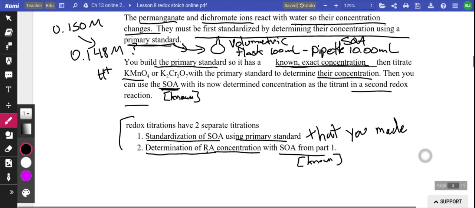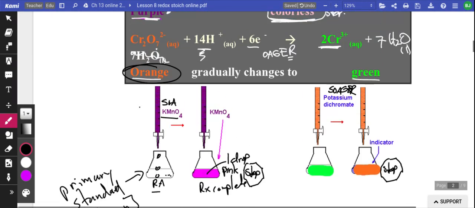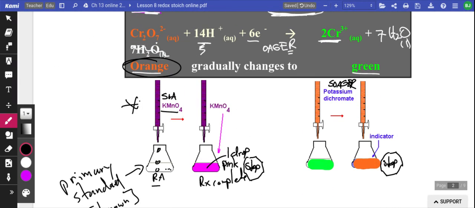So let's take a break and watch a short video. What does this titration look like? So we're going to do this one with the purple acidified potassium permanganate. And in this example, I believe it's reacting with iron 2 plus. Okay, so this would be your iron 2 plus in the Erlenmeyer flask.